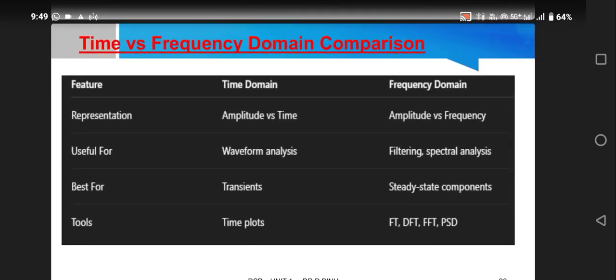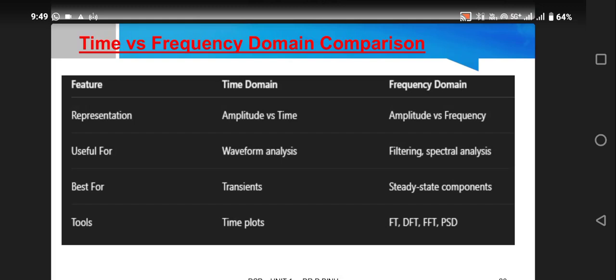The comparison of time versus frequency domain analysis. We can compare different features. The time domain is represented by amplitude versus time. The frequency domain is represented by amplitude versus frequency. The time domain is useful for waveform analysis. Frequency domain analysis is for filtering and spectral analysis.